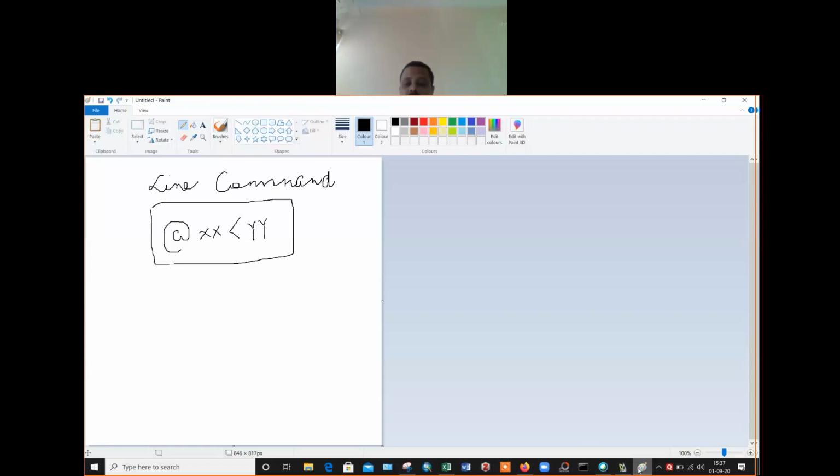So for example, if I want to draw a line like this, starting from 0, 0, suppose 278.8 millimeter long, and then at an angle of suppose 49 degree.